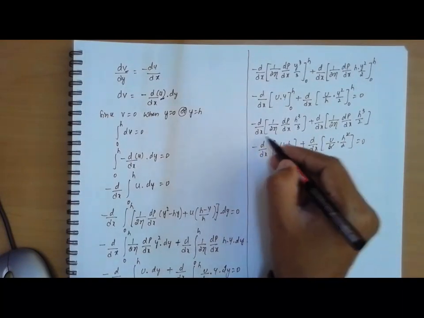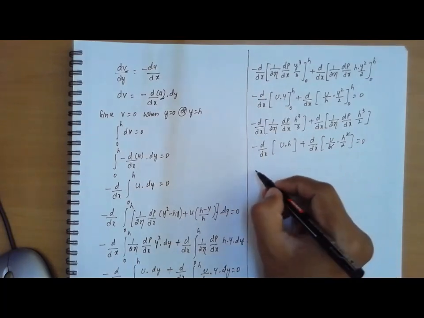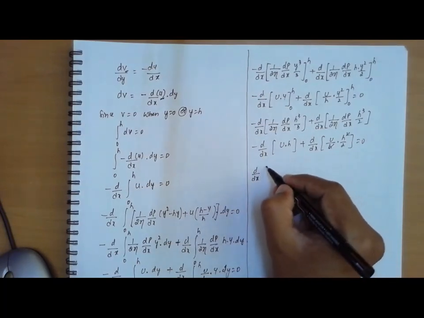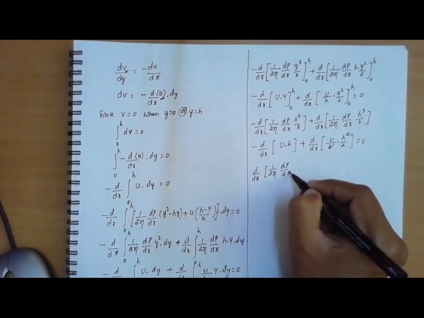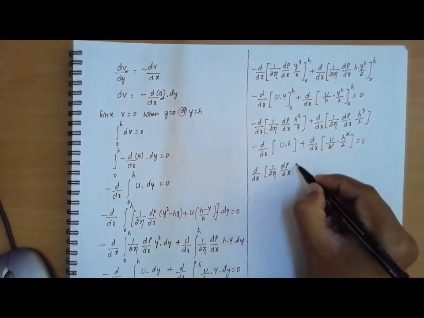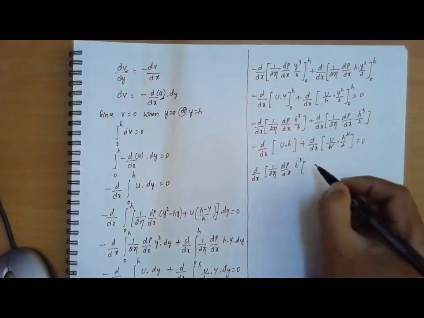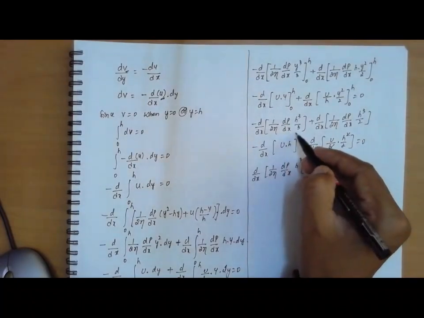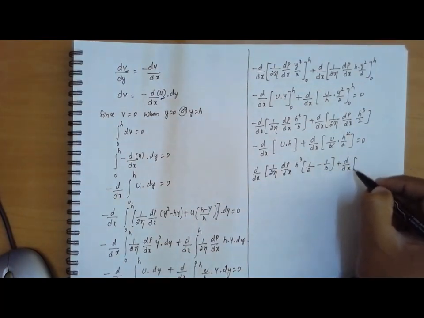And now in these two terms, if you take 1 over 2, you can rewrite like this: d by dx of 1 over 2 eta dp by dx. If you take h cube as common, we can directly write 1 by 2 minus 1 by 3 in this case, plus d by dx of u into h.